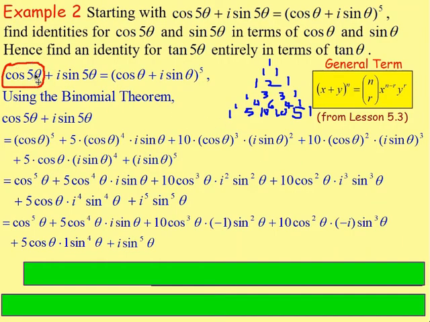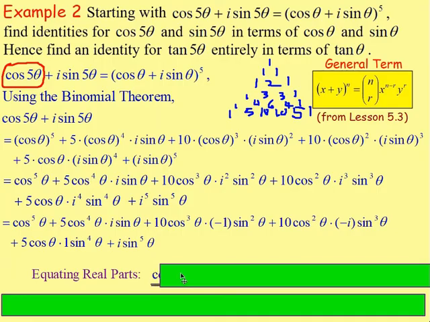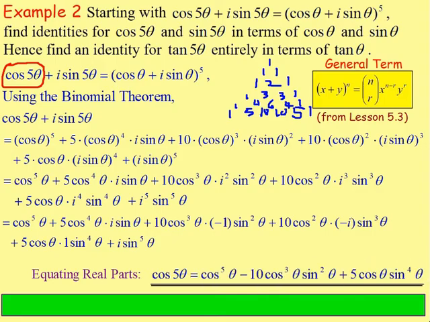So what we want to do is, if we expand it, no matter which way we expand it, we're going to equate the real parts. So we can say then that the cos 5 theta must equal, well, it's the real part when we expand it one way, which was kind of given in the question, and we expand it using the binomial theorem, that's going to be equal to the real parts of that expansion. So that there is going to be a real part.